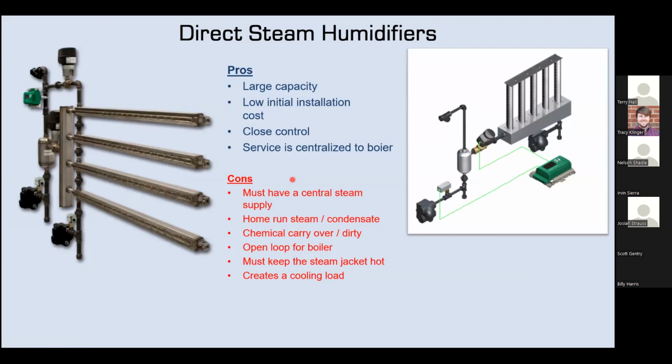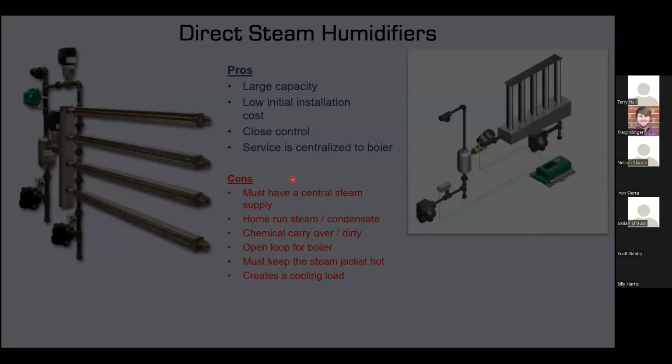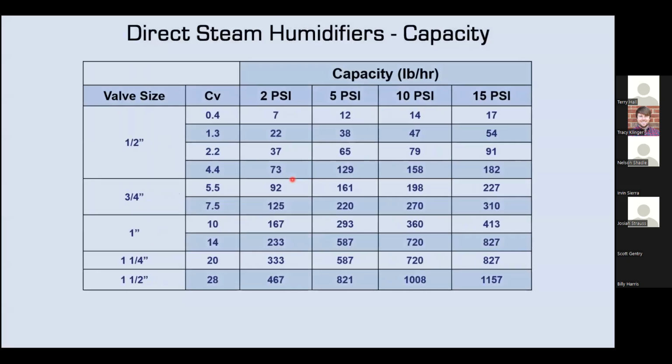If it's, let's say, 5% RH below your set point, you're going to go up to 100% demand, and then all of a sudden you're saturating your duct, or you're supplying too much steam, and worse off, you're tripping the high limit. So you want to avoid that, and either use a controller strategy, or maybe change the pressure of your steam and choose a valve size that most appropriately matches your load.